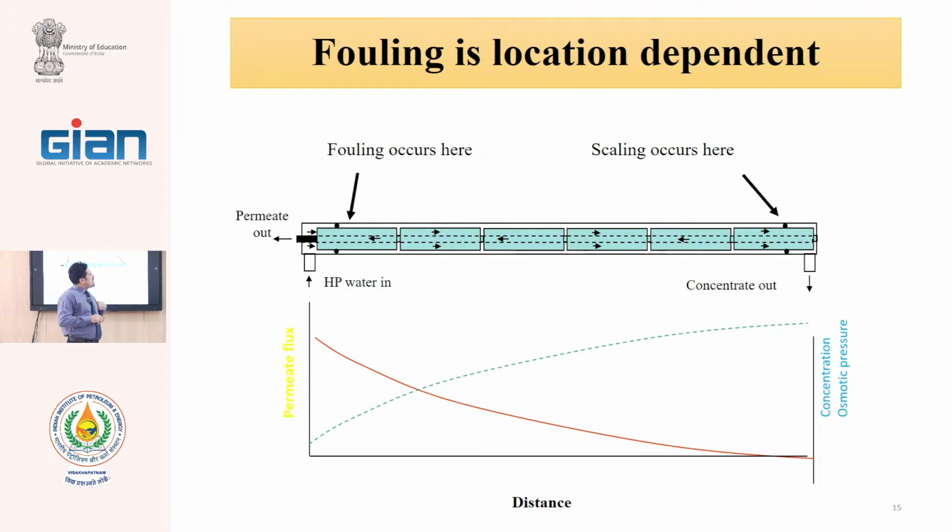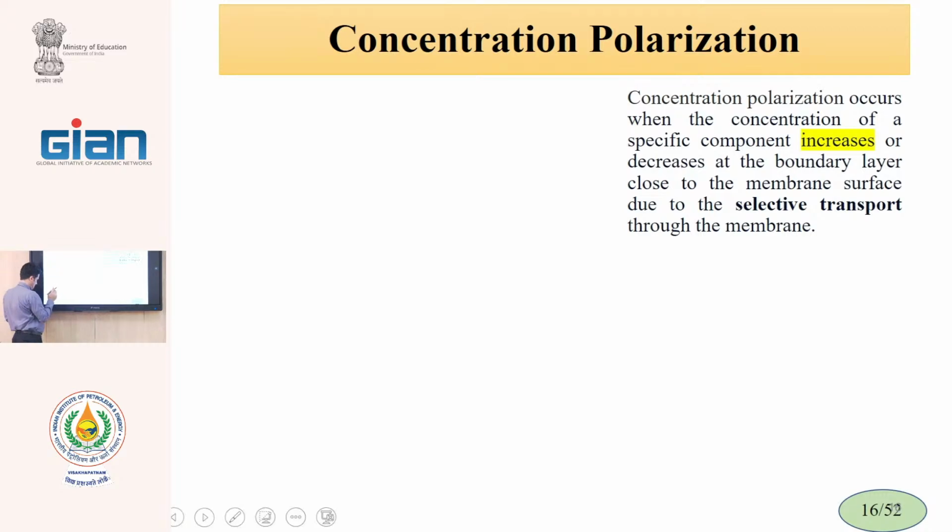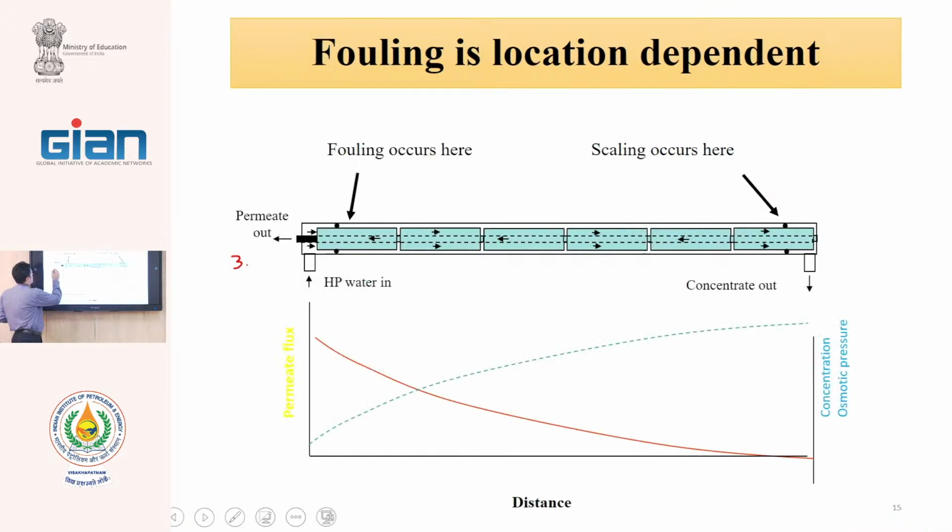Reverse, in this case, we have a desalination process. I write here, for example, our feed has 3,000 ppm.